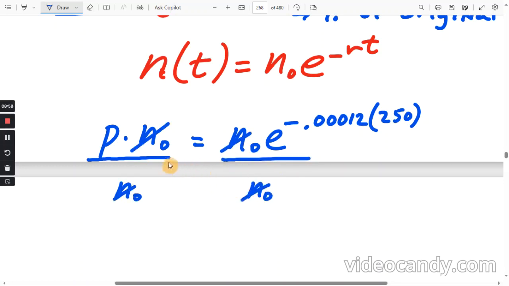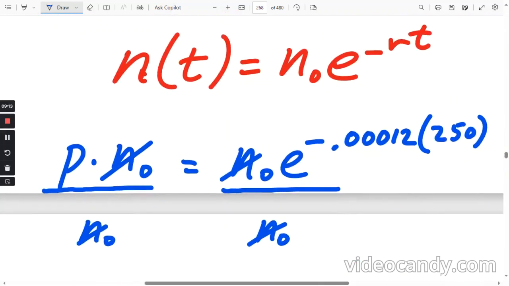And we're going to do e to the power of negative 0.00012 times 250. This right here is your exponent on the number e. Remember, e is not a variable. E is not like x. E is an actual number. So you need to find that on your calculator and do e to this exponent right here. I'll show you on the Google calculator, and that's going to equal P.